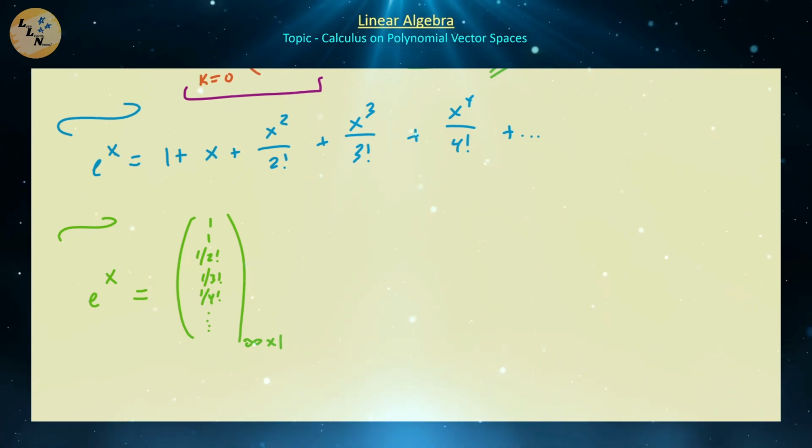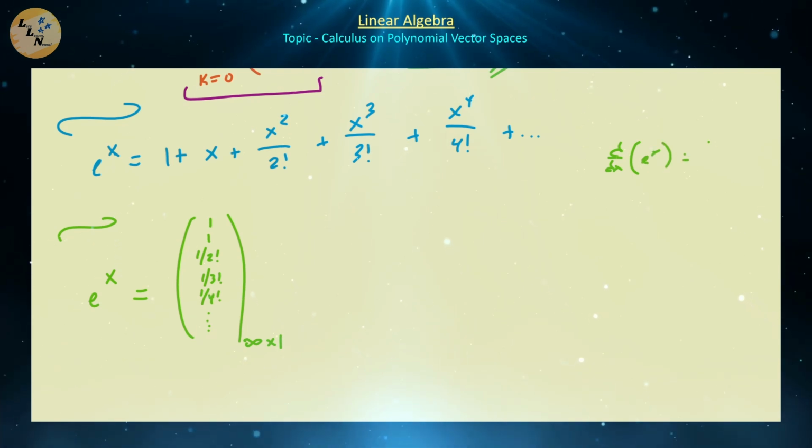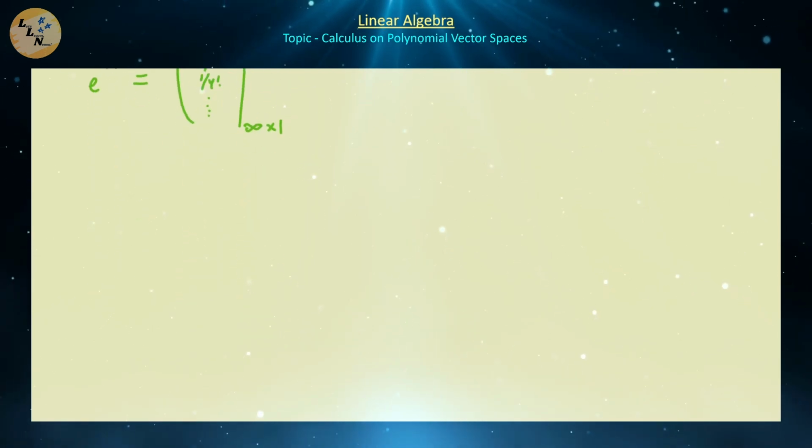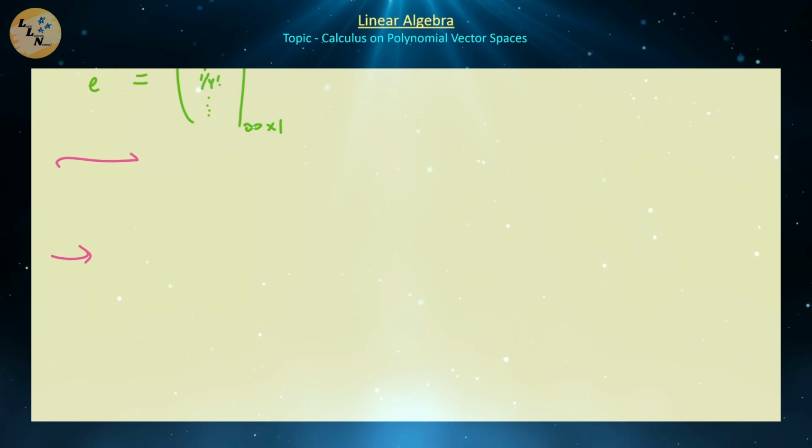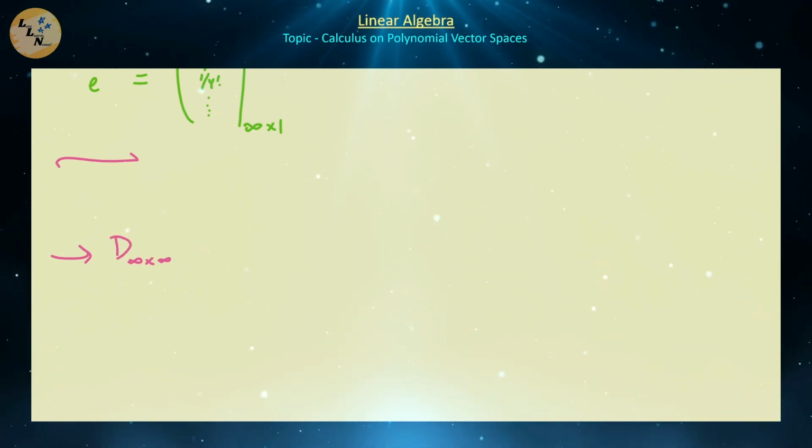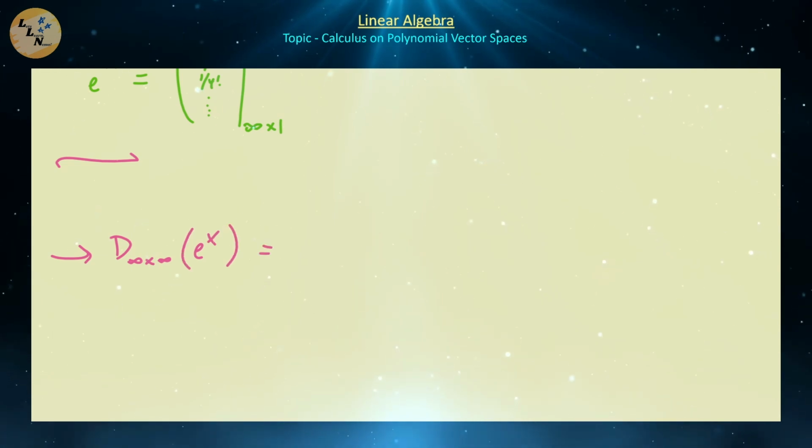So what is the derivative of e to the x equal to? Well, if you apply our derivative matrix just in infinite dimensions, what would that actually come out to? So we have, for example, an infinity by infinity differential matrix times this e to the x vector, and what is that going to look like?